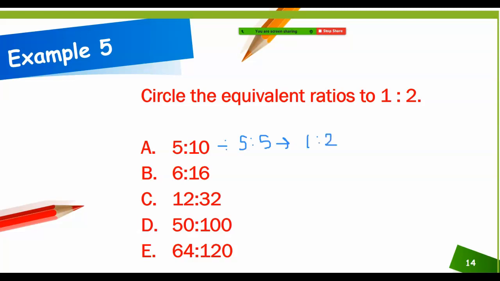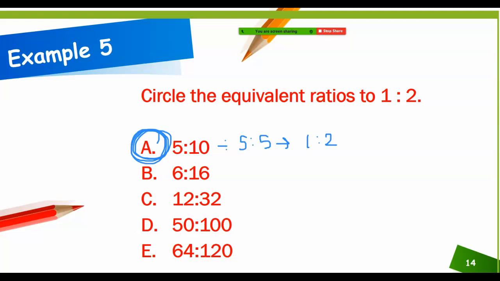Remember, guys, you can write these as fractions, and if it's easier for you to see what's going on in this form, you could write it as a fraction. Is A a yes or a no? So we circle A.